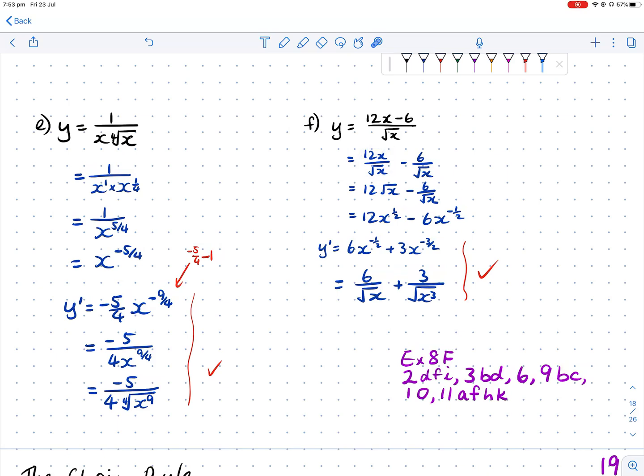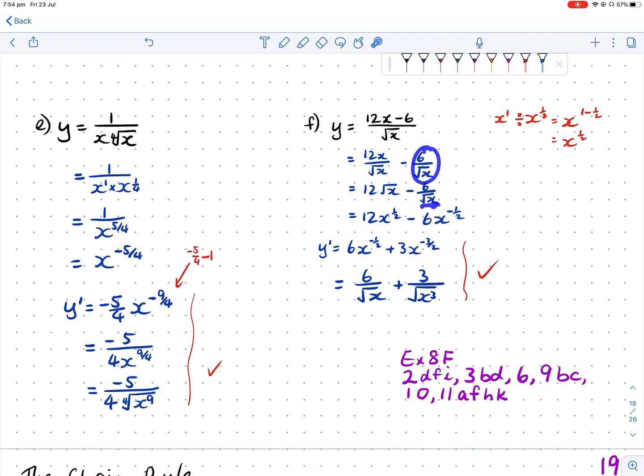If I've got x divided by the square root of x, I end up with just the square root of x. So think about if you've got x to the power of 1 divided by x to the power of a half, that's x to the power of 1 minus a half, which is just x to the power of a half. So that's the square root of x. So that turns into the square root of x.